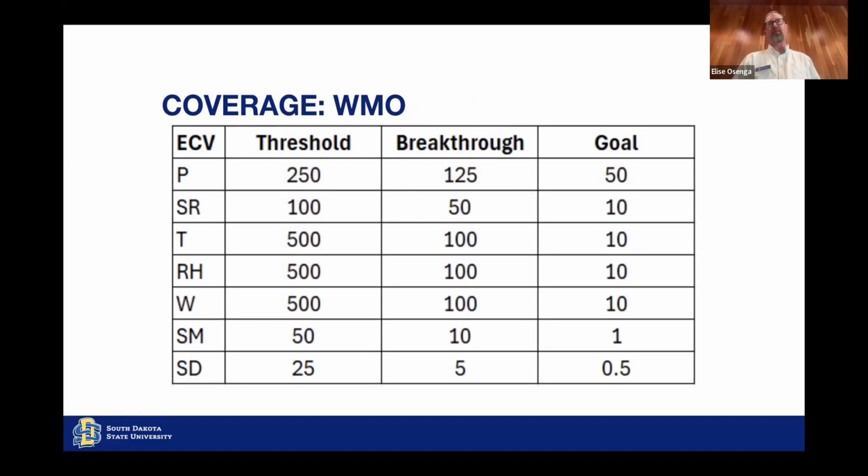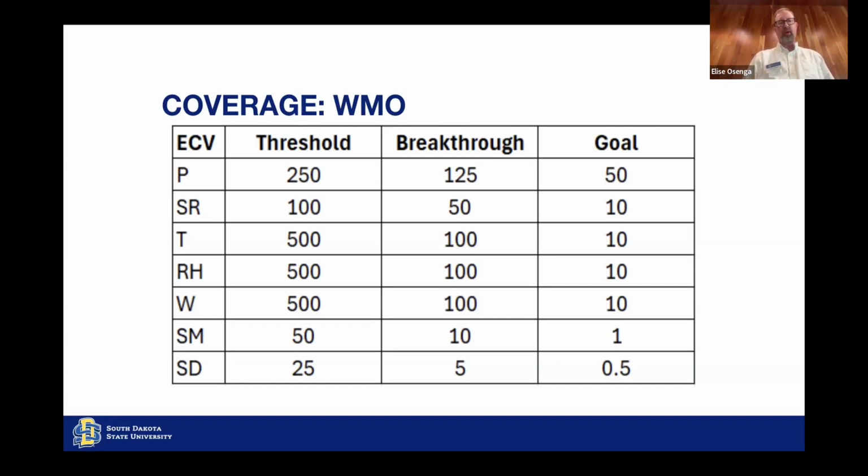They do it by parameter, for everything like precipitation, solar radiation, temperature, relative humidity, wind, soil moisture, and snow depth. I don't think that we're going to see snow depth gauges every half kilometer. I think that's an unrealistic goal, but some of these I think are realistic.